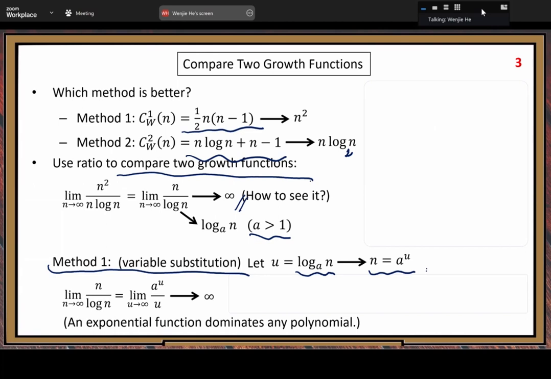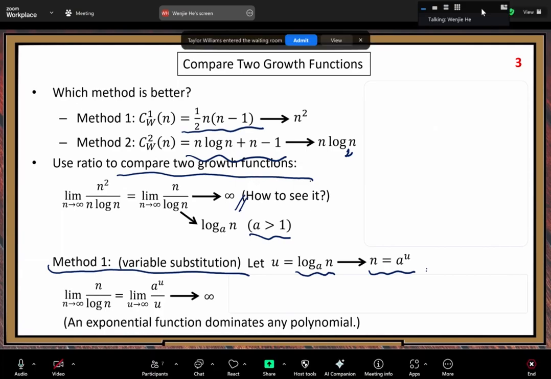After we introduce this u variable, we rewrite the original ratio in this new form. Because after the definition of this u variable, we can represent n as an exponential function, a to the u, based on the definition of logarithm.